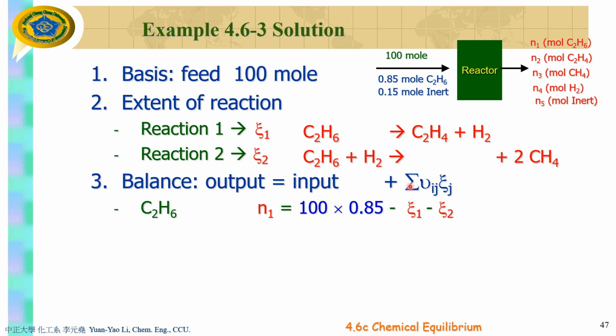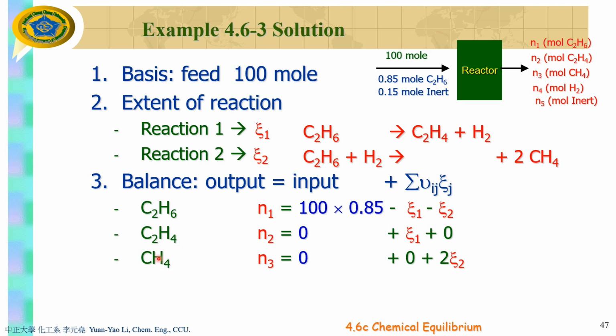This is input plus the summation of nu times Xe, where nu is minus 1, so it's minus here. How about C2H4? C2H4 is N2. Output equals input, and there's no input, so 0 plus Xe1, because nu is only 1 here. There's no Xe2.